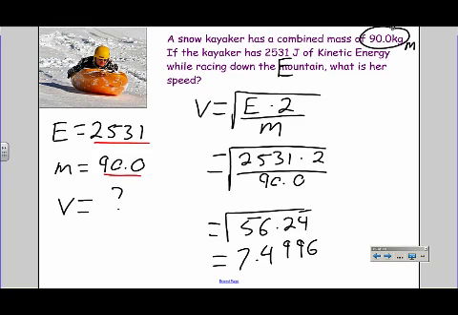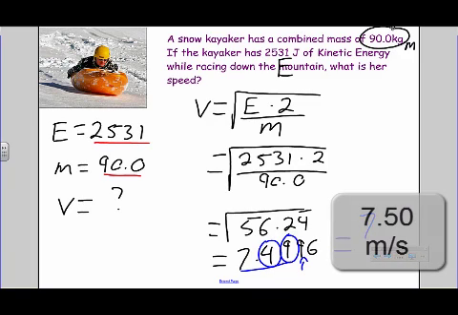We have 3 significant digits when we're given our mass. So we need to only have 3 significant digits in our final answer. And you'll notice that we have 7.49. Our next number is 5 or higher. It's a 9, so we need to round our last number up, which then is going to make our next number round up. So our final answer here is going to be 7.50 meters per second.